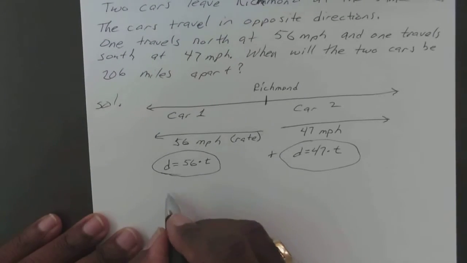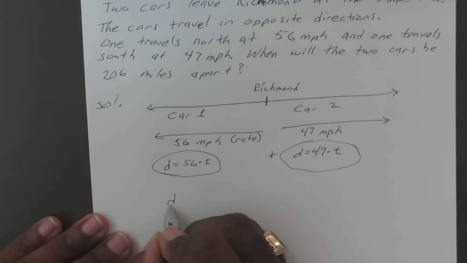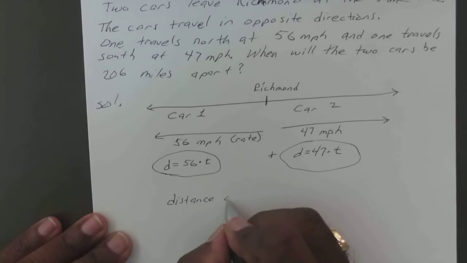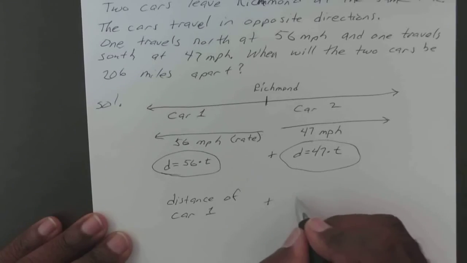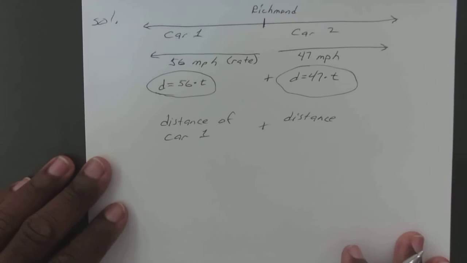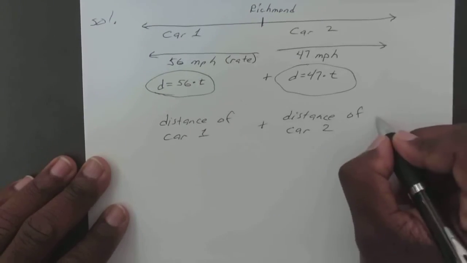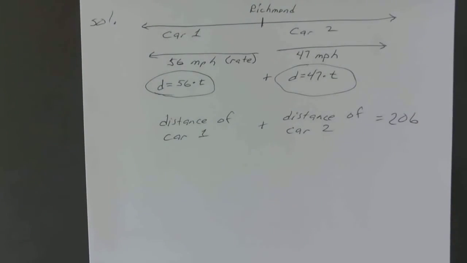Okay? So we have the distance of car 1, plus the distance of car 2, equals 206 miles. So that's what we want to know. When those two distances add up together, when will it equal 206?